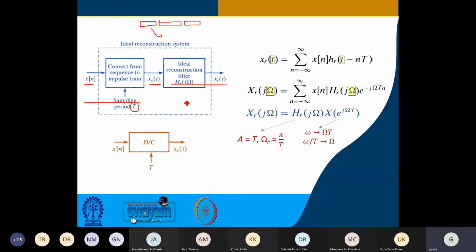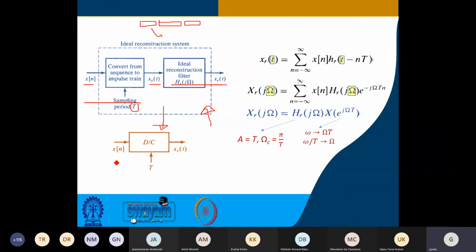If somebody asks you, then, because you only have numbers stored as a sequence in the memory, you have to say that this is what it is. And this is your digital to continuous converter, right? If you put it together in a single summary block notation, this is what you can use.